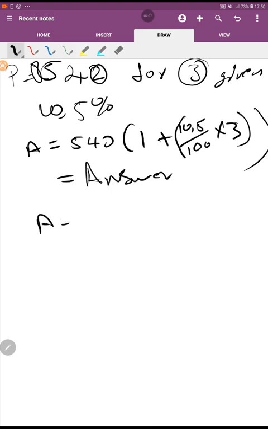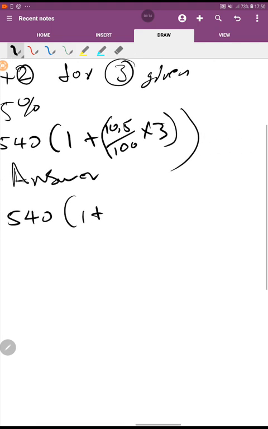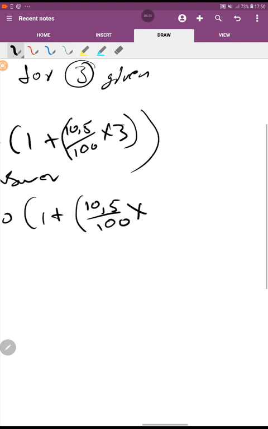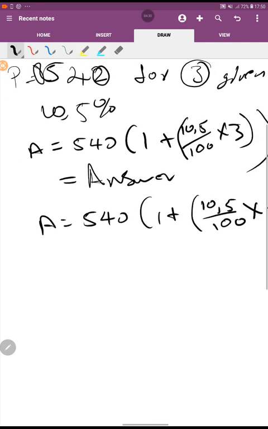We're going to say A is equal to 450 open bracket 1 plus the interest rate, you don't forget that. Then when you multiply, you're going to say 8 months. Let's use 8 months. 8 months over 12. That's the difference.